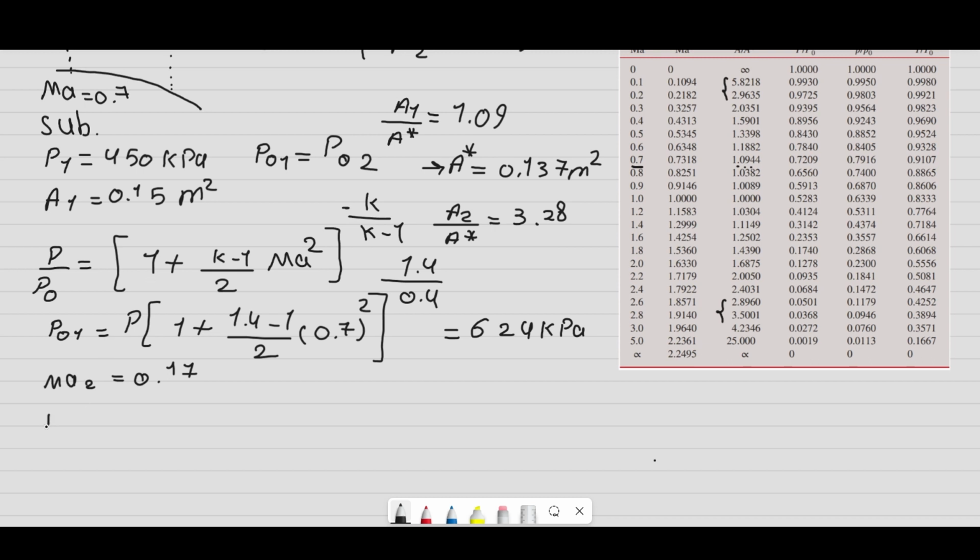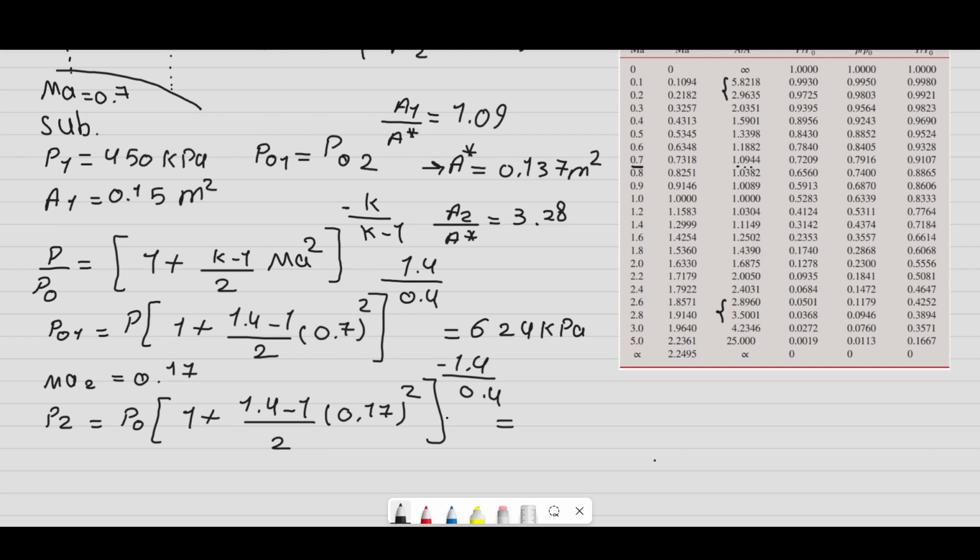So we can write that P2 is equal to P0 times (1 plus (1.4 minus 1) divided by 2 times 0.17 squared) to the power of minus 1.4 divided by 0.4, which is going to be equal to, let me calculate it for you now.